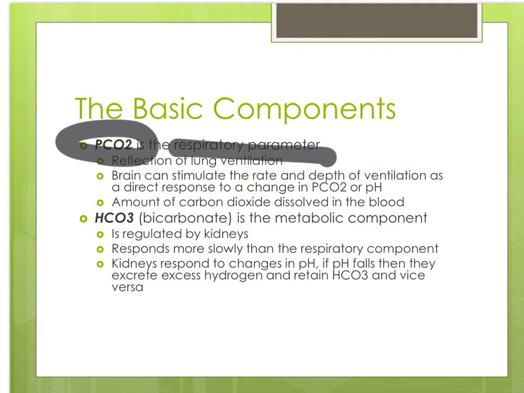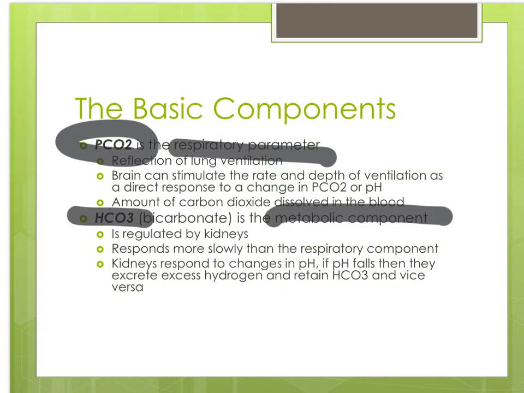And then we have the renal system, or the metabolic component. The metabolic component is reflected in the bicarb. And we know that the kidneys are responsible to reabsorb and conserve bicarb, and that they filter it and then they excrete it.